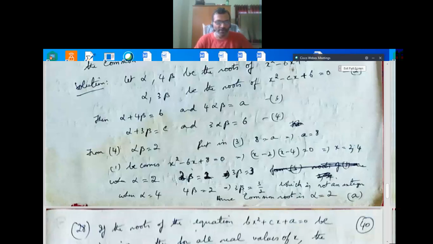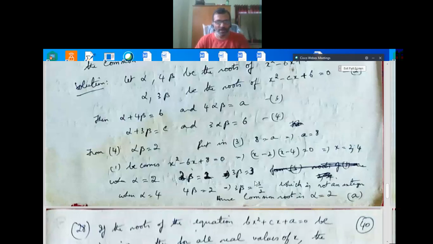Just see what happens if I take alpha as 2 in these equations: 2 beta equals 2, so beta equals 1. We get an integer. If I take alpha as 4, 4 beta equals 2, so beta is 2 by 4, that is half, which is not an integer.